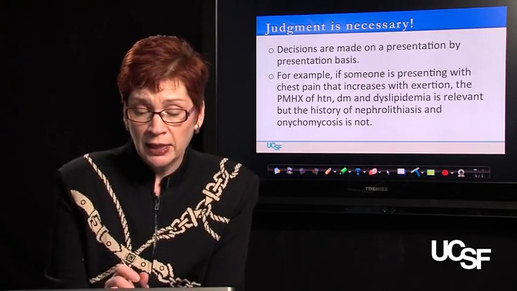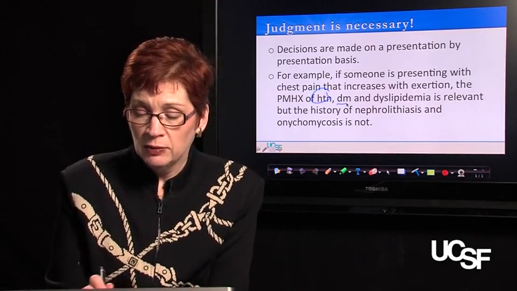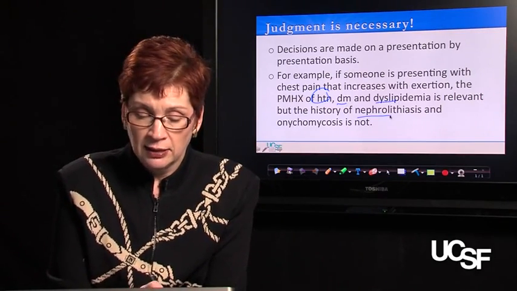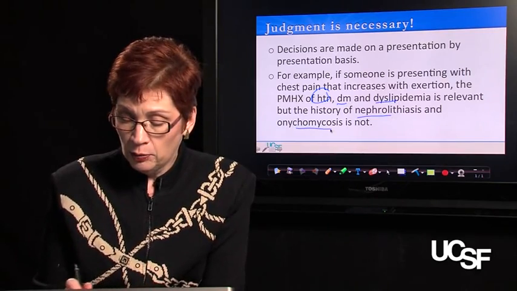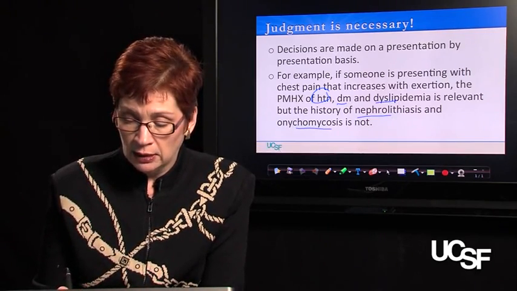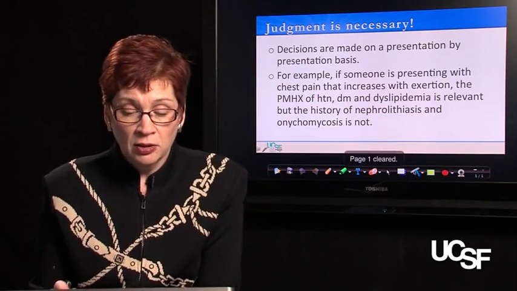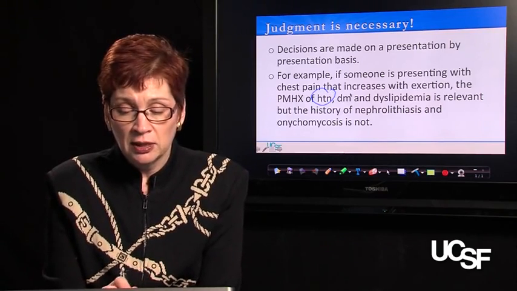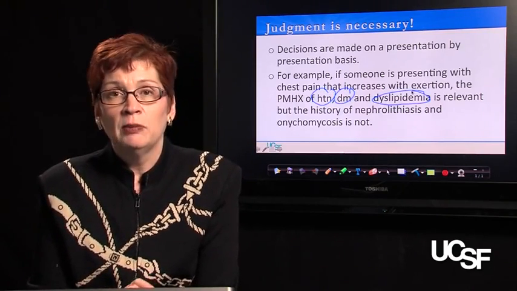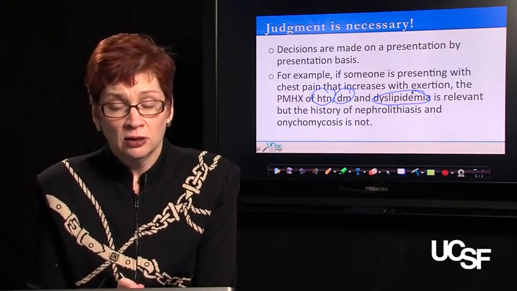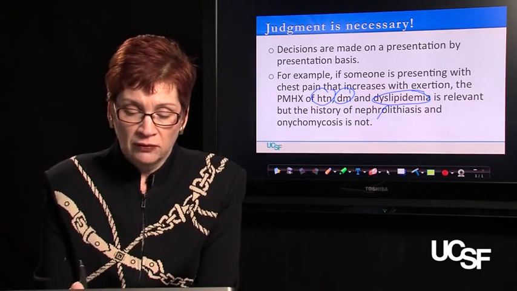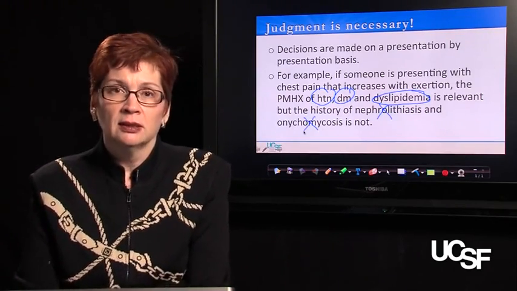So someone with a complex history of high blood pressure, diabetes, dyslipidemia, nephrolithiasis, and onychomycosis, presenting with a complaint of chest pain, I would argue that you include the high blood pressure, diabetes, and dyslipidemia in epidemiology as relevant risk factors, but not the history of nephrolithiasis or onychomycosis.